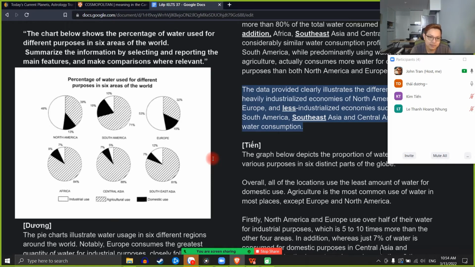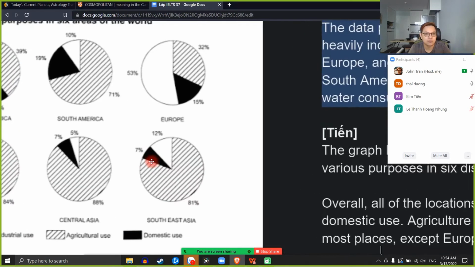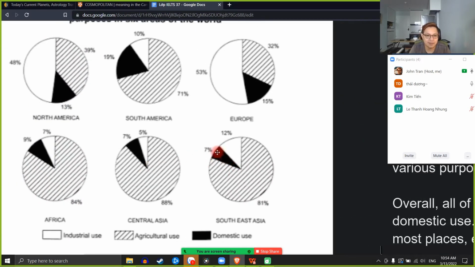What can I do? You can combine, like for example, 7% here, 7% there. It's almost the same as Europe. You can just compare like, okay, Southeast Asia and Central Asia, each of them only use half of the amount that Europe use for domestic use.